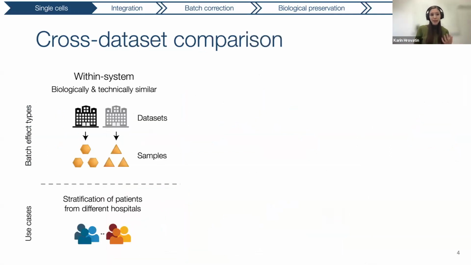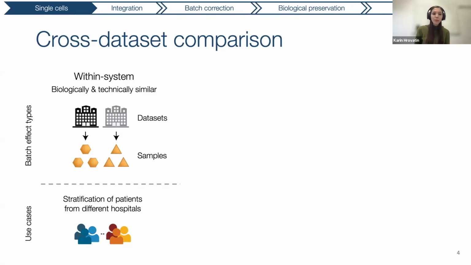Now, because so many data sets were developed, it became clear that combining multiple existing data sets can provide us insights that we could not obtain from individual data sets. However, this is also complicated by the batch effects that I'm going to focus on in this talk.